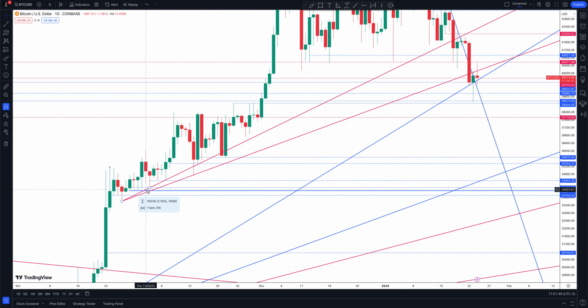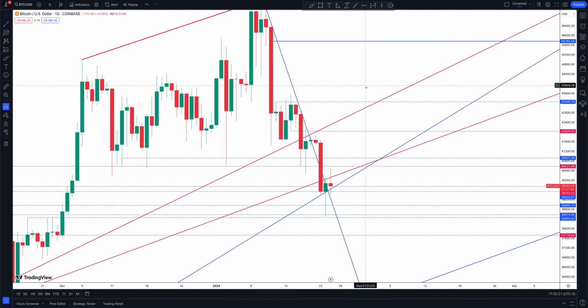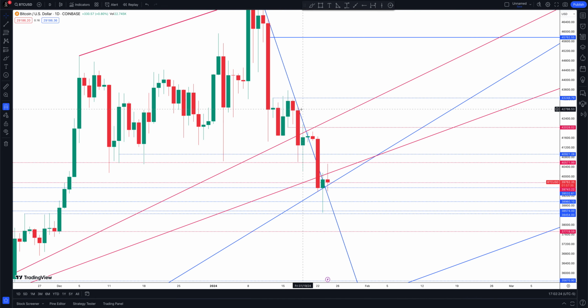We have the second one over here, as you can see, extends all the way from here, which is also now acting as resistance. So now there's just a lot of work for Bitcoin to reverse at this point, because they're not hourly levels, it's daily levels. These are daily trend lines. So those are all the dailies.